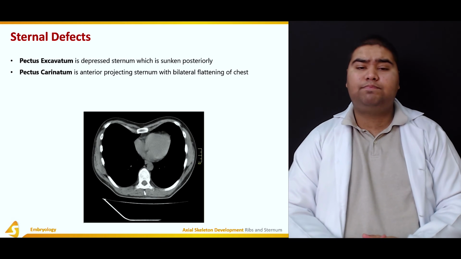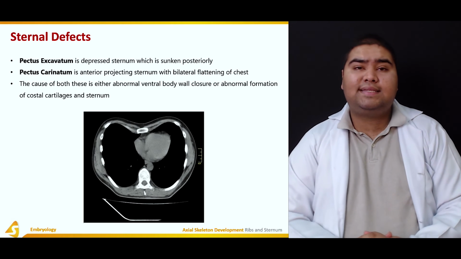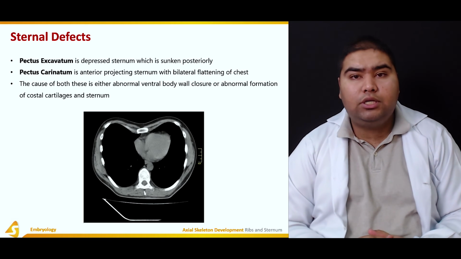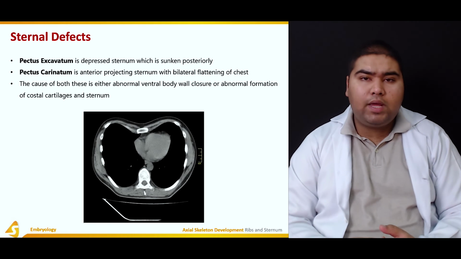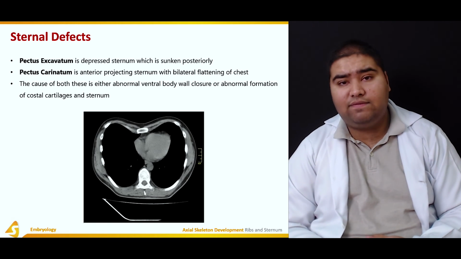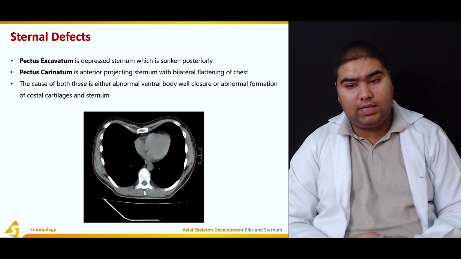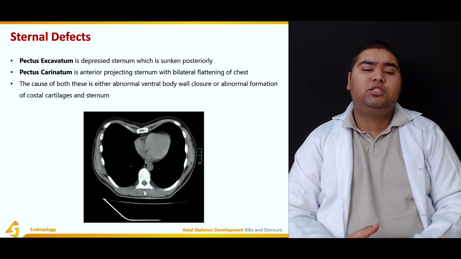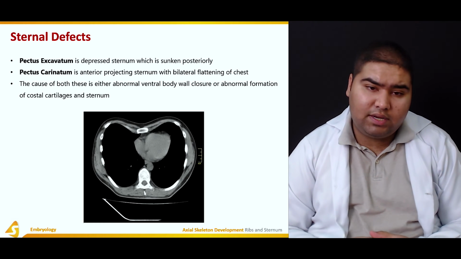The cause of both these is either abnormal ventral body wall closure, ventral body wall not being closed properly. It can also cause sternal defects, thoracic defects, abdominal defects, and even urogenital defects, or abnormal formation of costal cartilages in sternum. So this can be the reason for it.